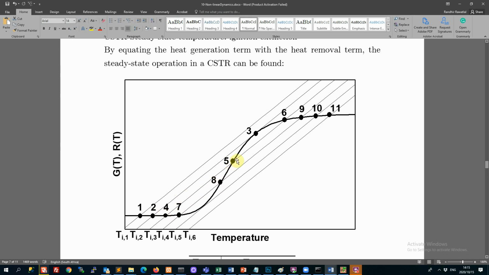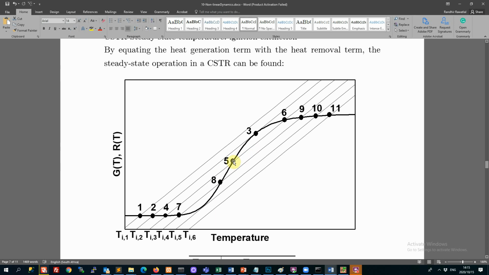The moment you go slightly above point 5, your heat generation rate will be more than your heat removal rate, and you will rise up to point 6. So again, this is a repulsor point. It is a steady state, so if you start identically on this point, your heat removal and heat generation values are the same, so the rates are equal, and the system won't change in temperature. But the moment there's a slight variation, it's going to run away to one of these other temperatures.